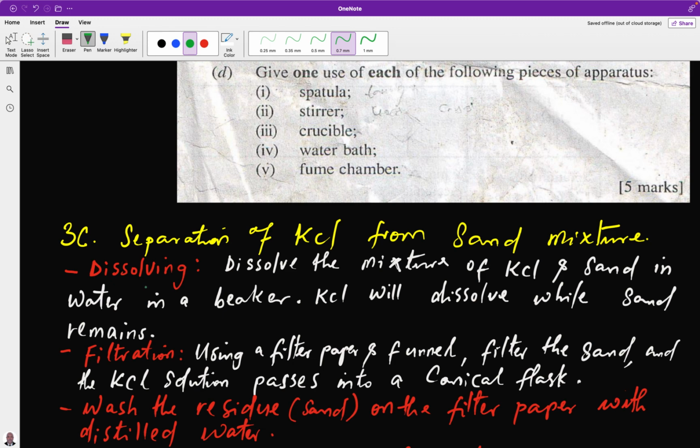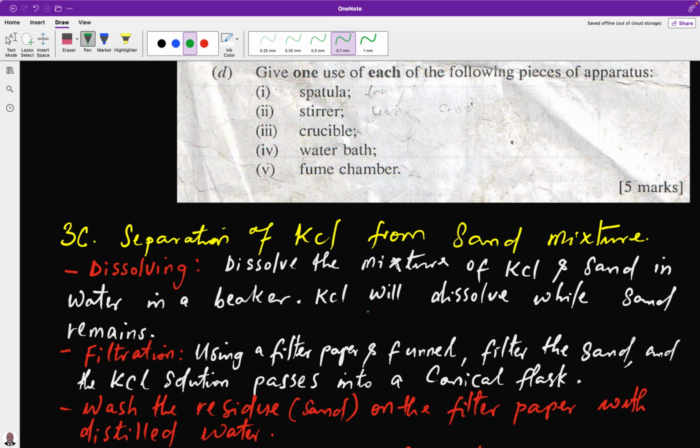You put a dash and write it, another dash, another dash, step number 3 a dash, and step number 4 a dash. So the first point is dissolving: dissolve the mixture of potassium chloride and sand in water in a beaker.